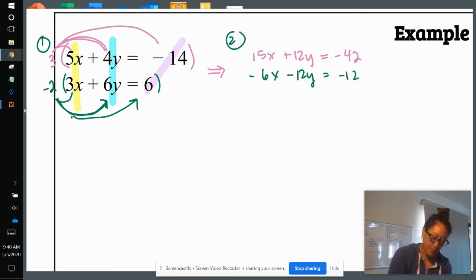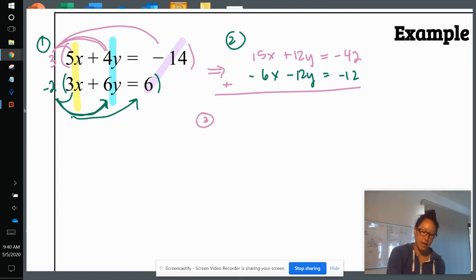Step number 3. Let's go ahead and add. So 15x minus 6x gives me 9x, positive 9x. And then 12y minus 12y gives me 0y. Sorry about that. All right.